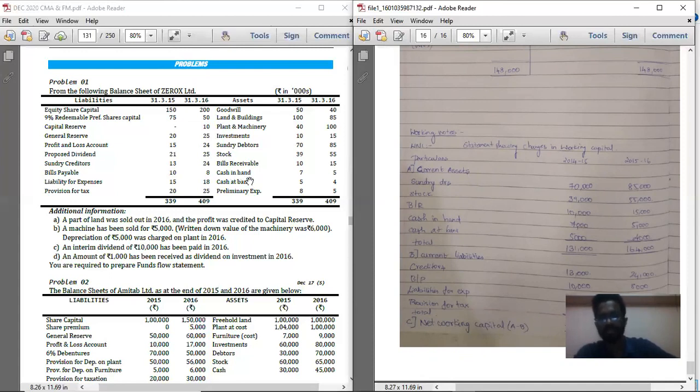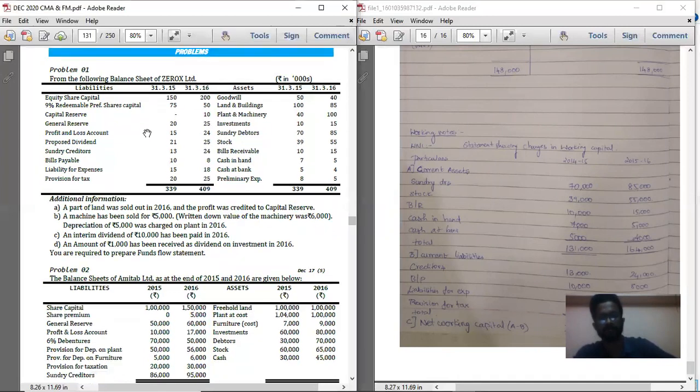Below that cash in hand: 7,000 for 2014-15 and 5,000 for 2015-16. Below that cash at bank: 5,000 for 2014-15 and 4,000 for 2015-16. So these are the different current assets. Preliminary expenses are not considered in current assets.